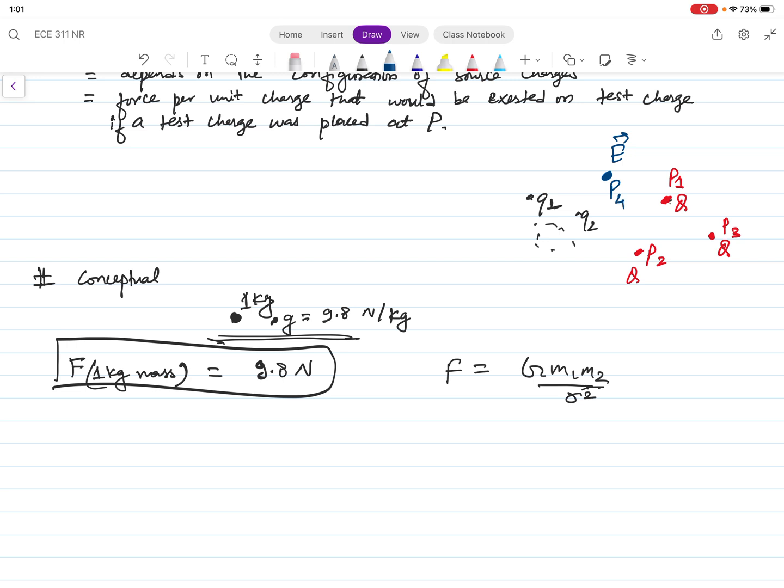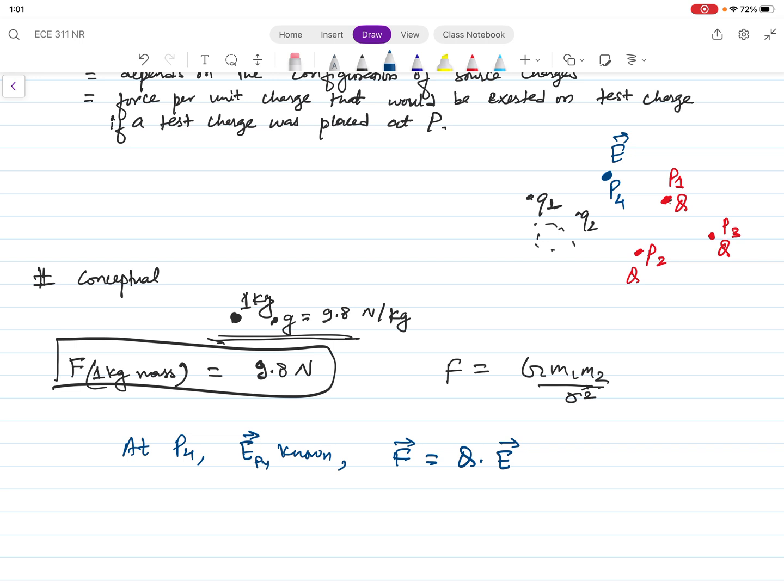If you know the electric field at point P4, if your E is known, now you can simply calculate your force as Q times E.